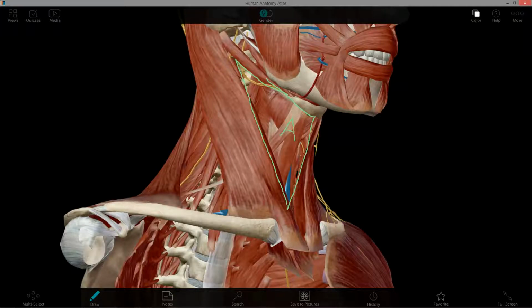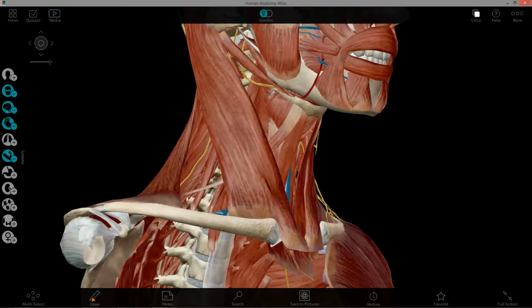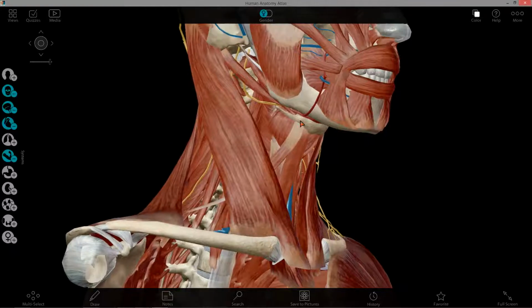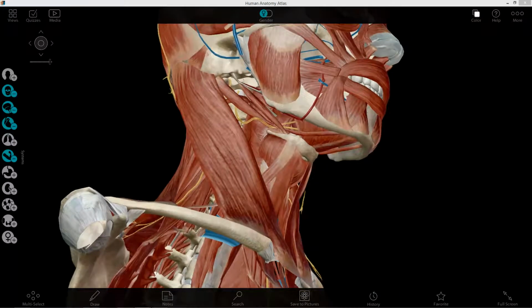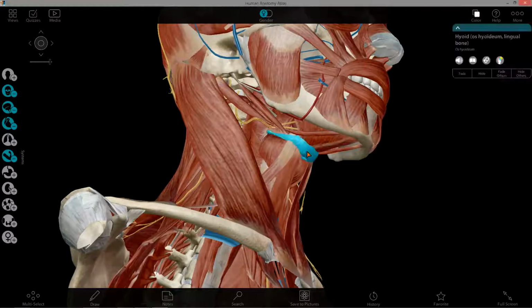But the problem is that the anterior triangle is split into 4 more triangles. And those 4 triangles are organized in a series of 2 groups. And I'm going to go over those right now. So we have the suprahyoid group and the infrahyoid group. Pretty easy. Suprahyoid is above the hyoid. The groups are based on muscles.